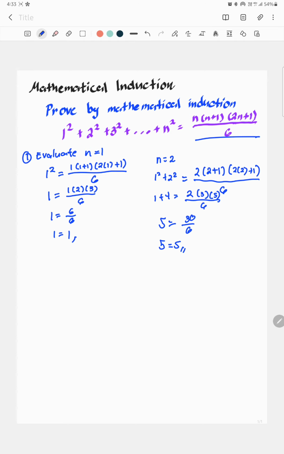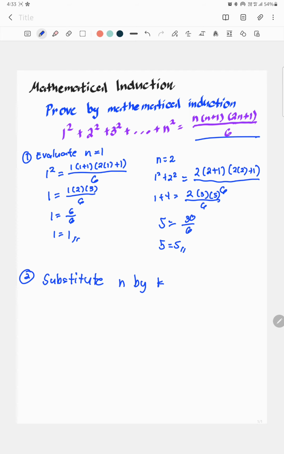So rest assured that you are correct, even though you could work it out with other natural numbers. Now let's go into step 2, which is to substitute n by k.